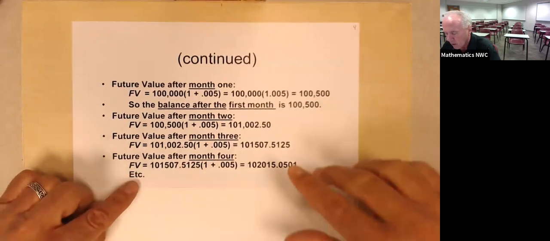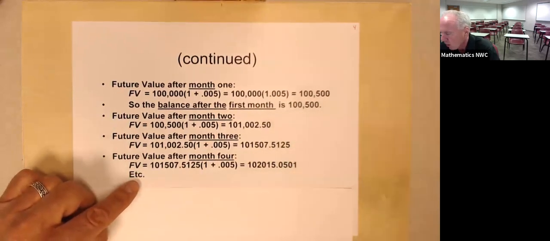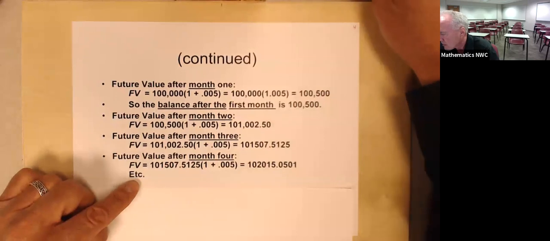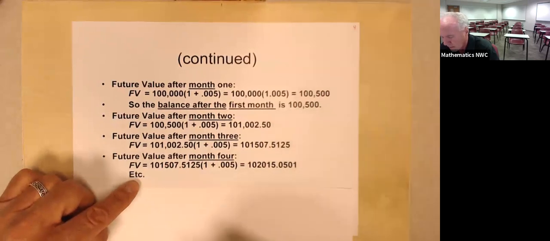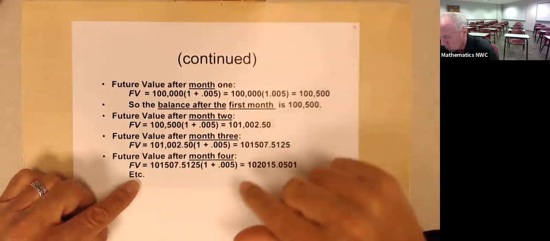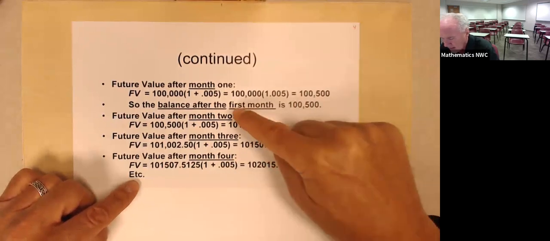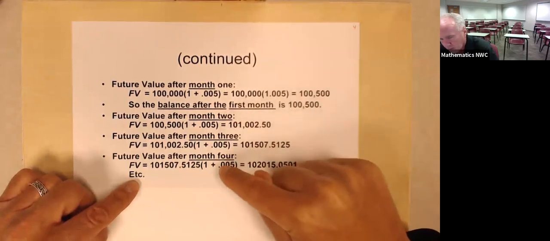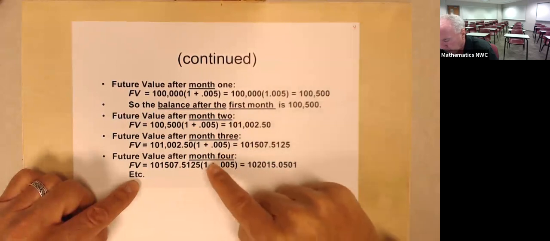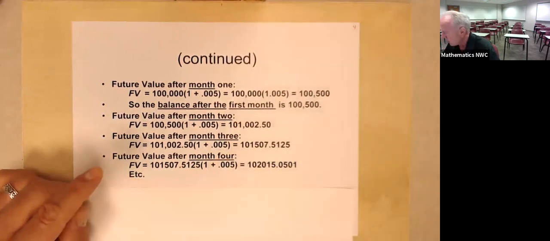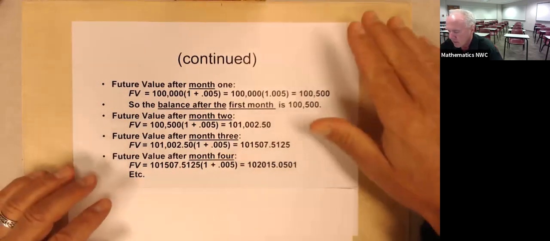That would keep on going for how long? Well, if you recall my original problem, we were doing this for 20 years. So if I did this every month for 20 years, it would be 240 times.